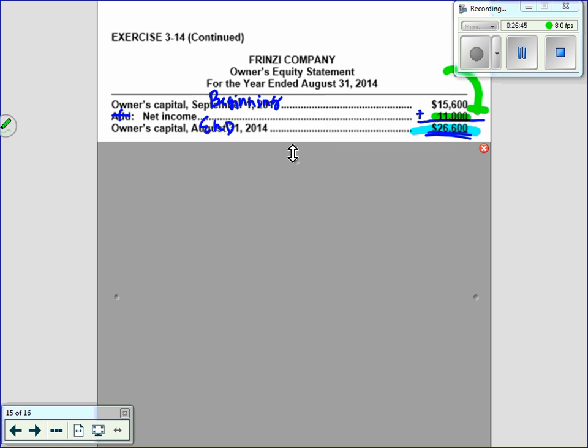We had neither. There was not a plus, there was not a minus. The one little wild card, if it's net income, it's plus. Had it been a net loss, it would have been minus, a hit against the owner. The only thing that changed the owner's worth is that plus 11,000.